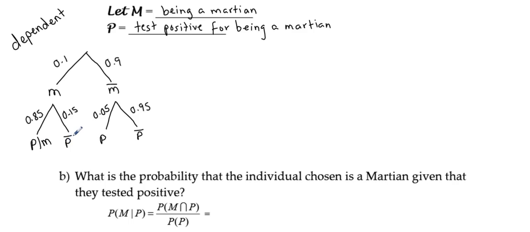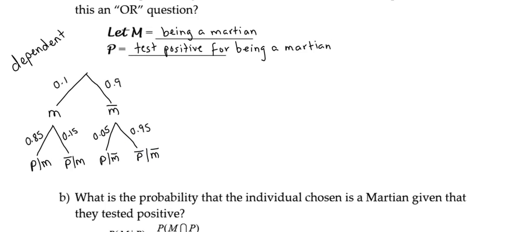This is testing negative given that they're a Martian. This is testing positive given that they're not a Martian, so that's given that they're human. This is not testing positive given that they're not a Martian. So this is testing positive and being a Martian, testing negative but they're a Martian. This is testing positive for a Martian but they're human. This is testing negative for a Martian and they're human. So that's what that all means.